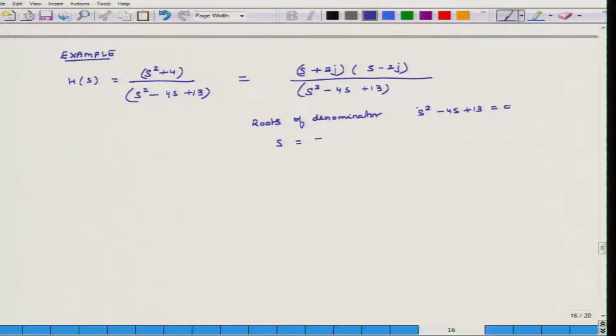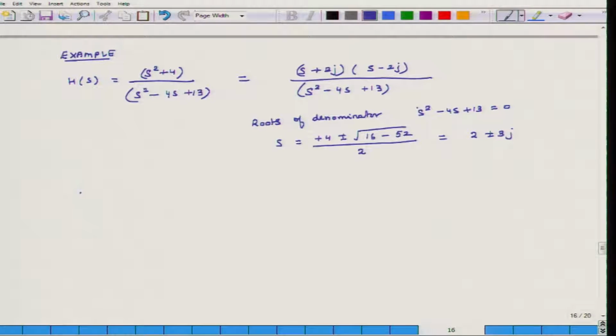So, s equals (4 plus or minus the square root of b squared minus 4ac), that is 16 minus 52, divided by 2a, which is 2. So, I get 2 plus or minus 3j.